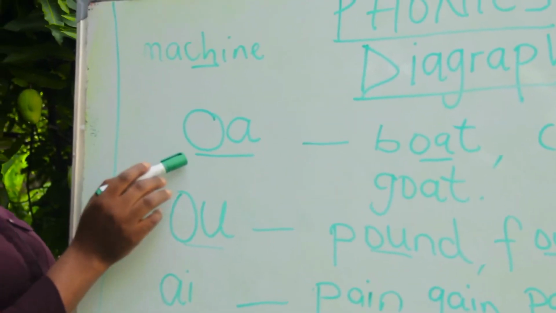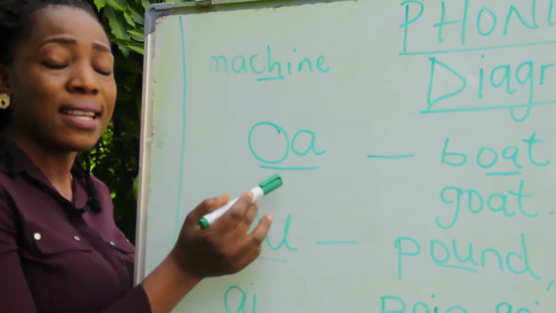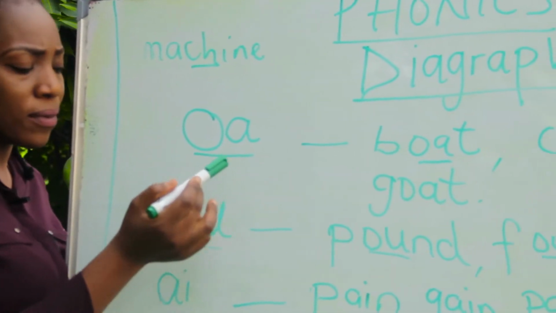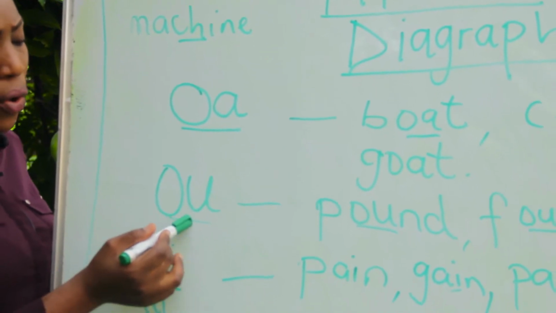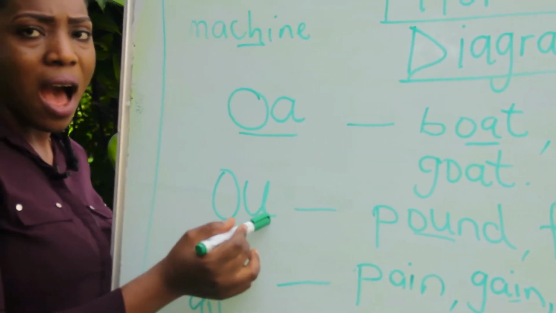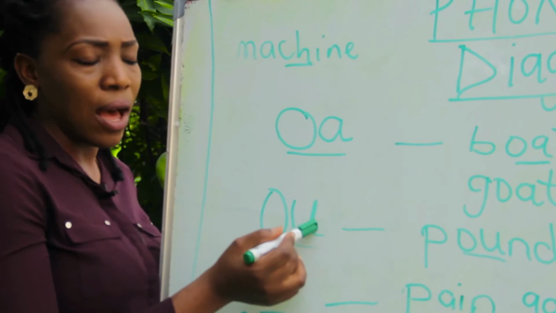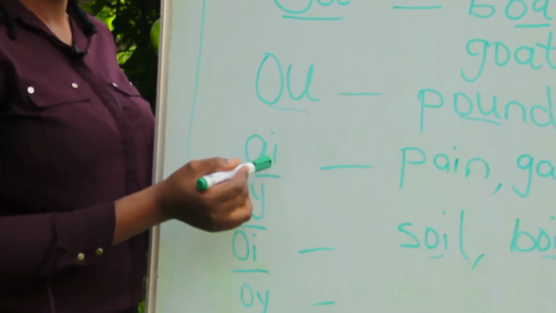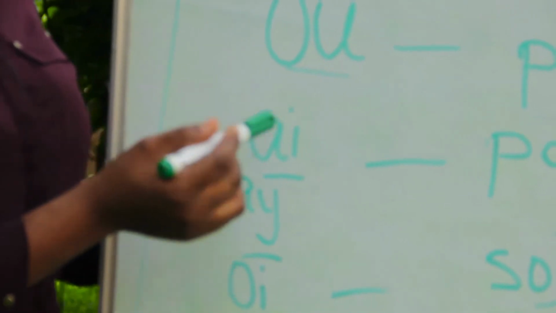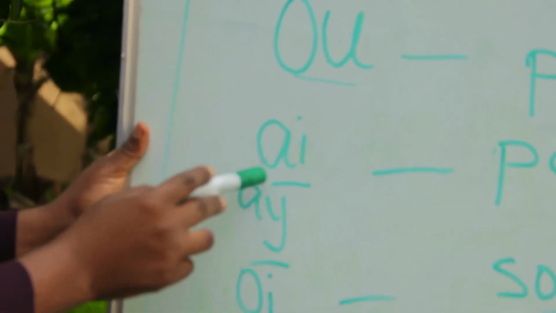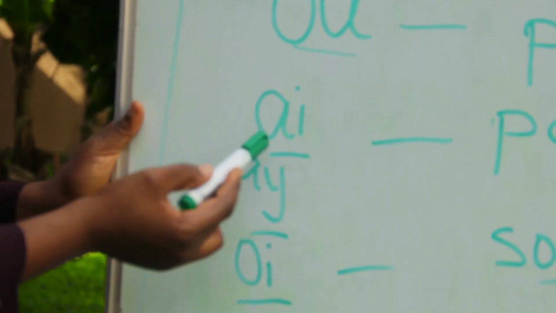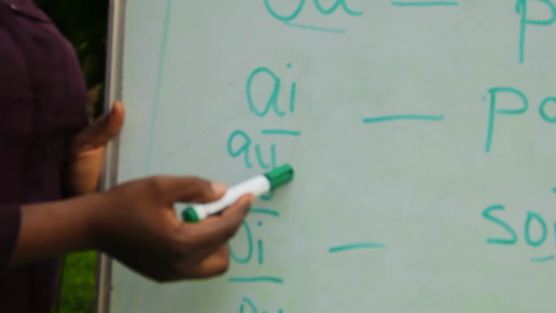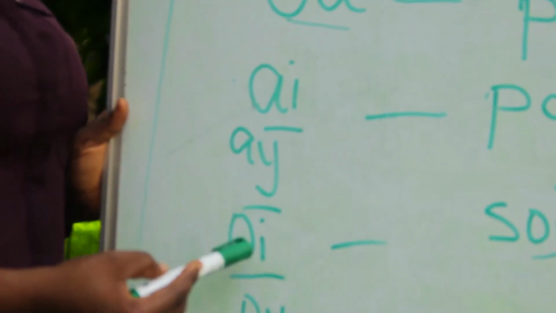Now I said this is OA, which sounds O. OU sounds ow. AY sounds A. And I said A has a variant. AI also sounds A. Oi.